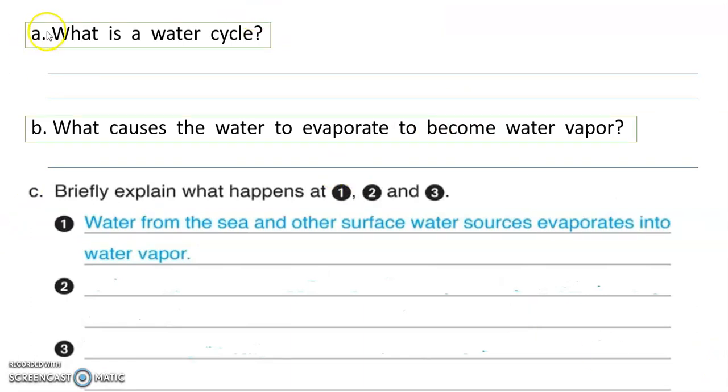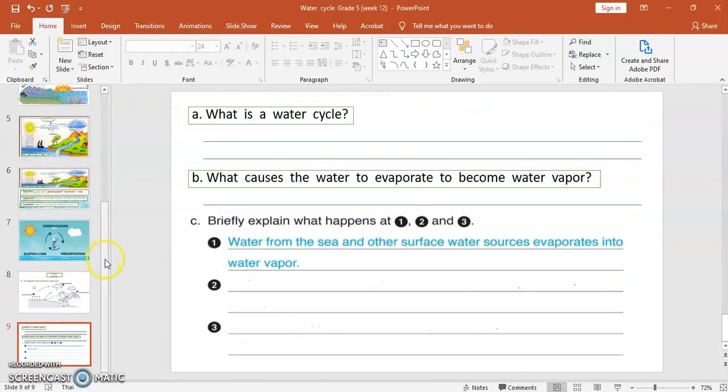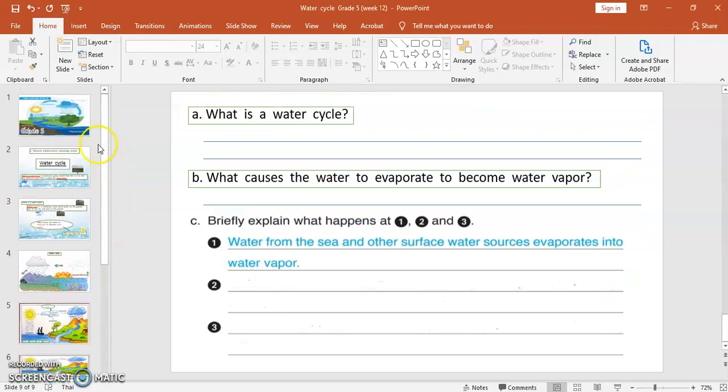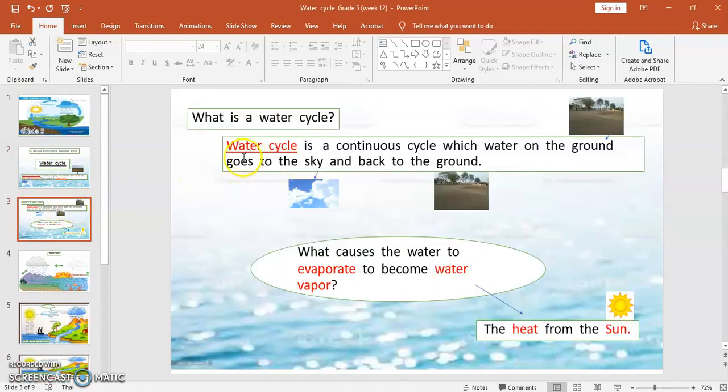So, letter A, page 96. Question letter A, what is a water cycle? So, the water cycle, again, is a continuous cycle.